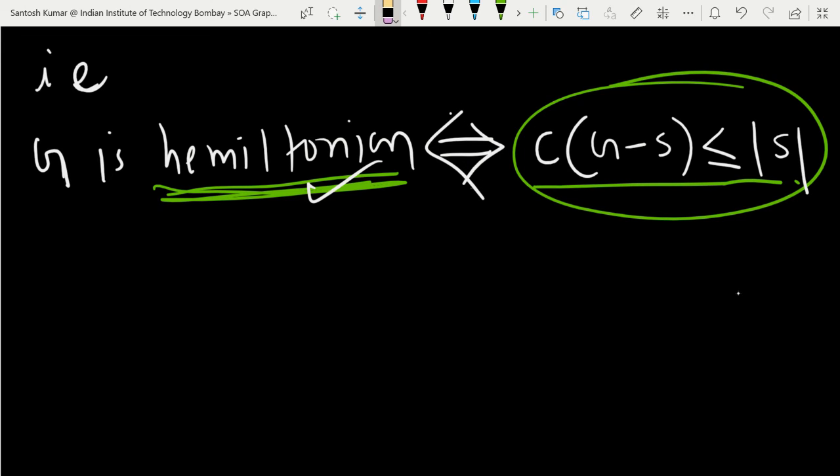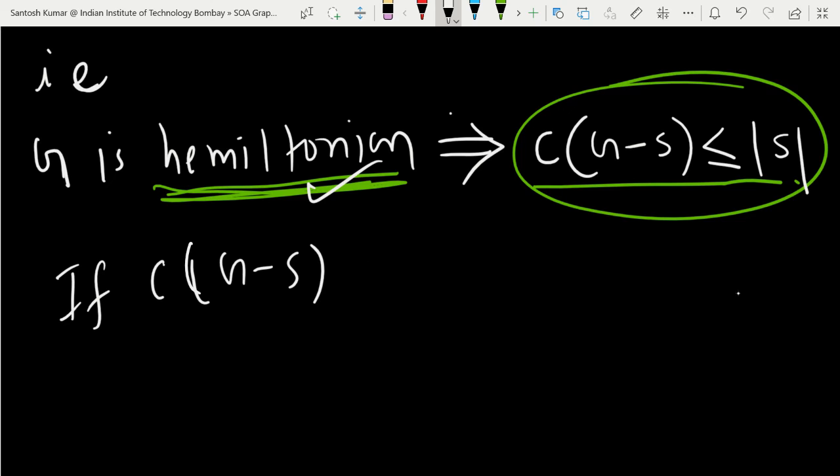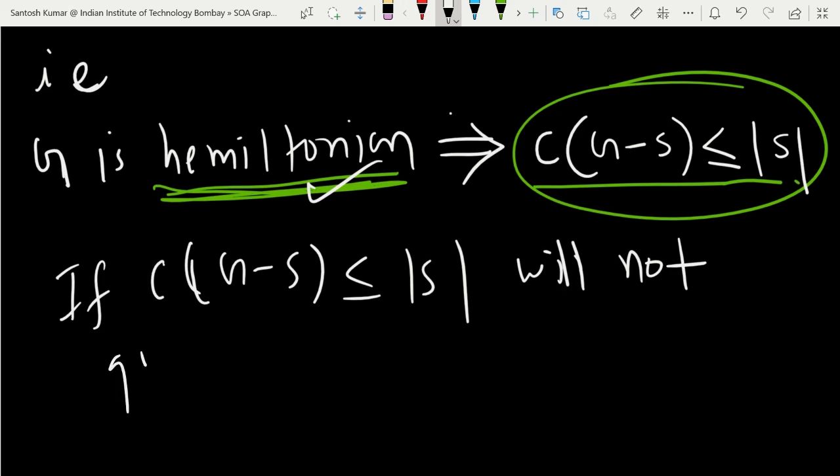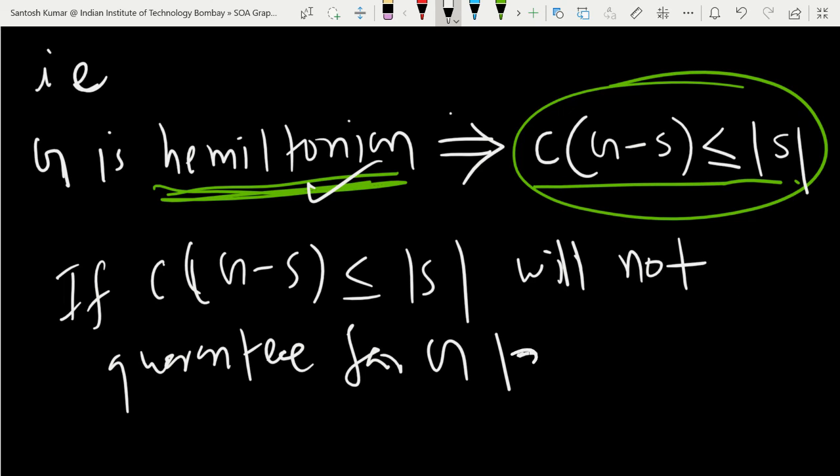So what I'm saying is, if the number of components in G minus S is less than or equal to |S|, it will not guarantee that G is Hamiltonian, because this is necessary, not sufficient.